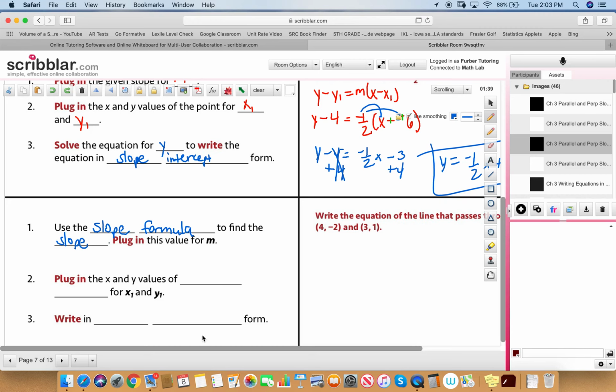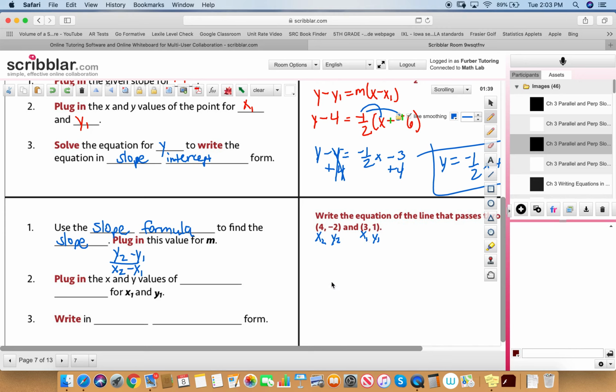Okay, and I'm going to write this in here just in case you forget. This is the slope formula. It does not matter which one is x1, y1, but once you pick it, you have to keep it that way. So I'm going to make this one x1, y1 and this one x2, y2.